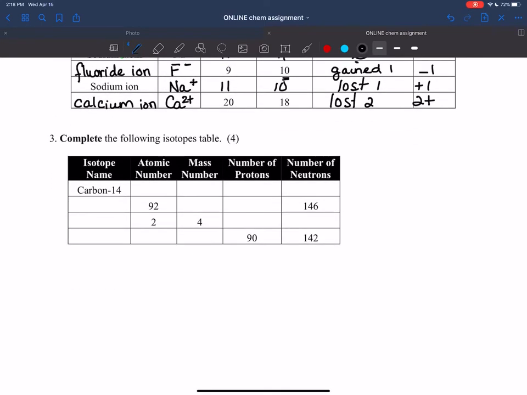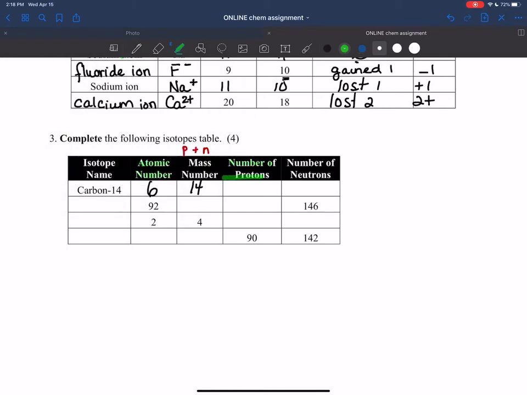The isotopes table, this is carbon 14, which means the mass number is 14. And what is the atomic number for carbon? When I look in the periodic table, carbon is element number 6. And don't forget that your mass number is your protons plus your neutrons. So what is my number of protons? The number of protons is the same as your atomic number.